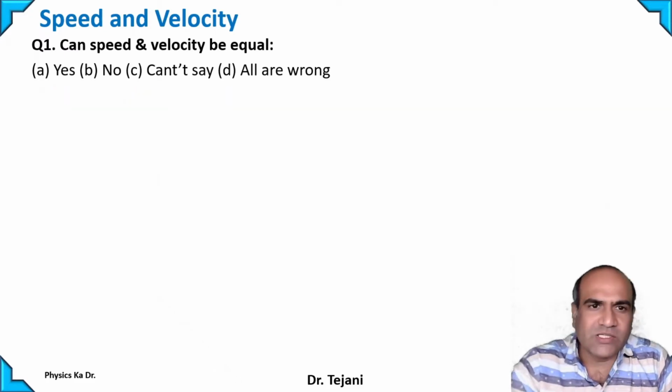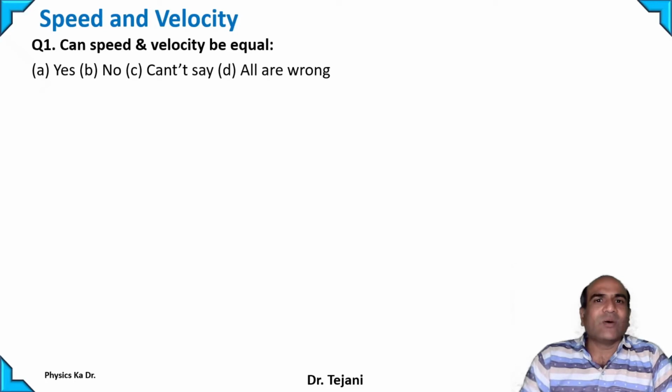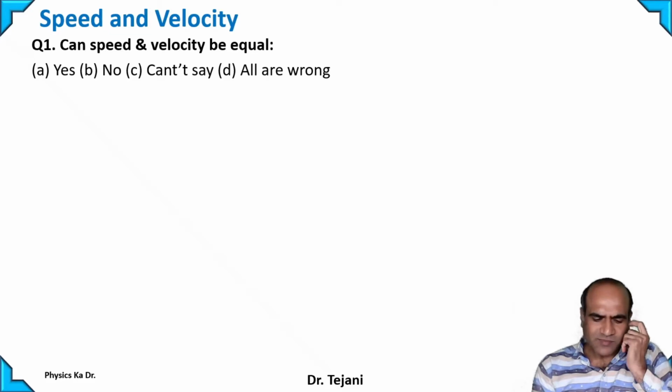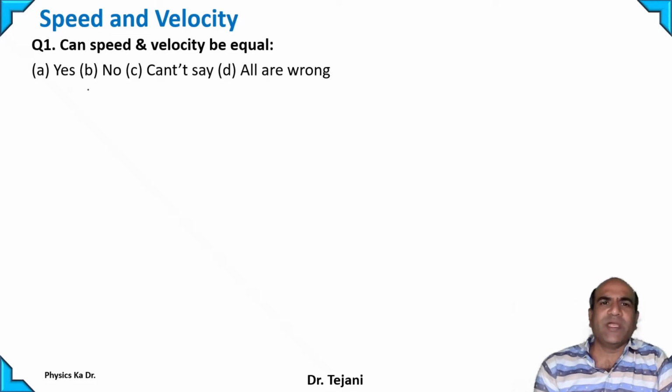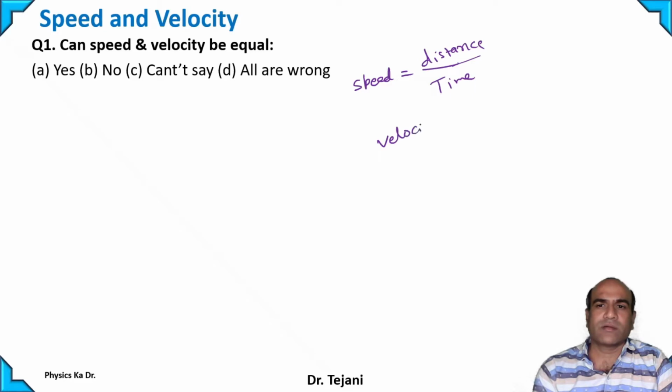Again, let us understand the topic by solving questions. So question number 1: can speed and velocity become equal? Can speed and velocity be equal? So we know that speed is equal to distance divided by time. And what about velocity? It is equal to displacement divided by time, right?